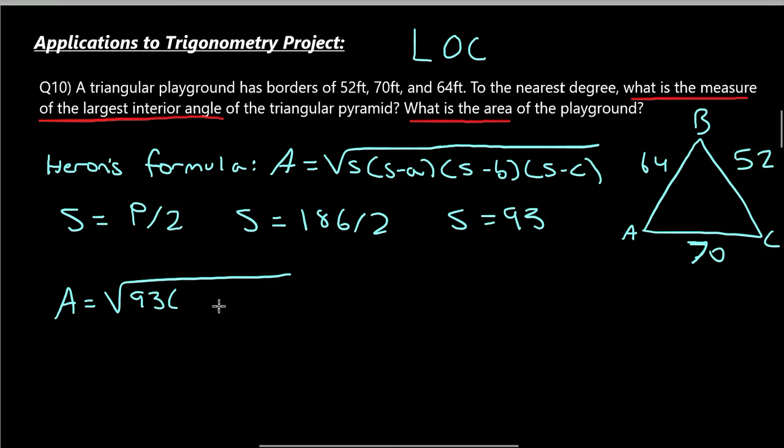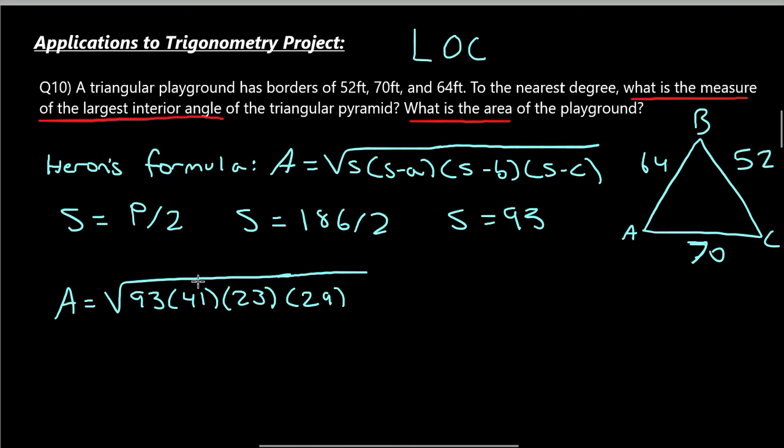So S minus A, 93 minus 52, that's going to be 41, times S minus B, 93 minus 70, that's going to be 23, and then S minus C, which is 93 minus 64, that's 29.